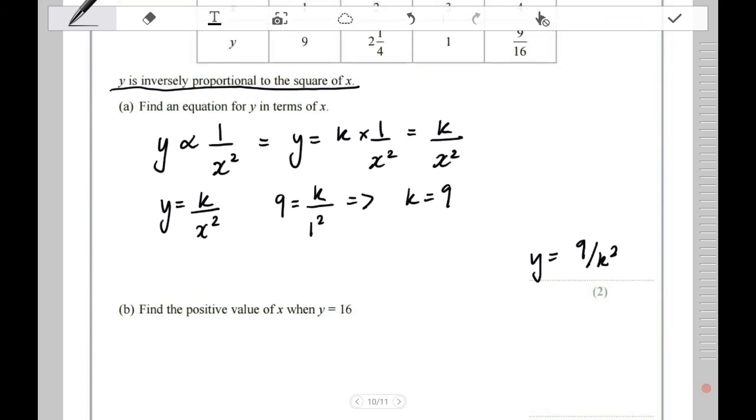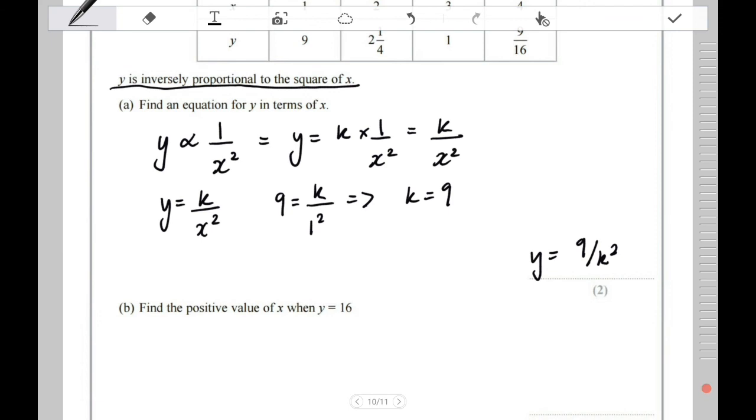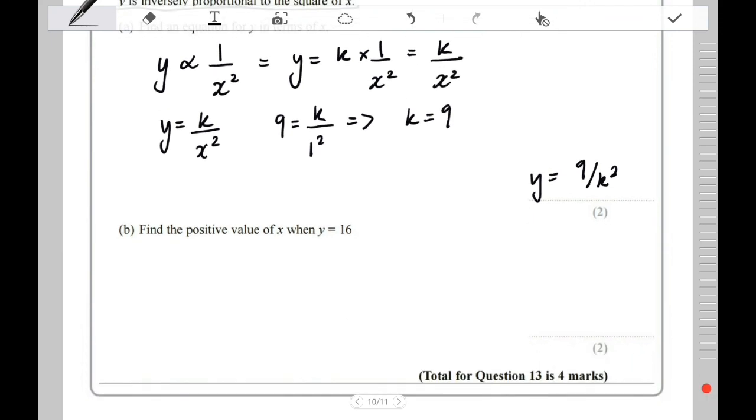Okay, and then it says find the positive value of x when y equals 16. So let's plug in 16 for y, equals 9 over x squared. Sorry, did I write k squared? It should be x squared. Okay, let's rearrange this. So we get 16x squared equals 9.